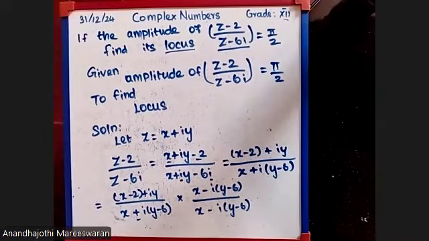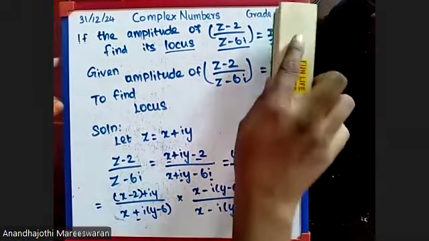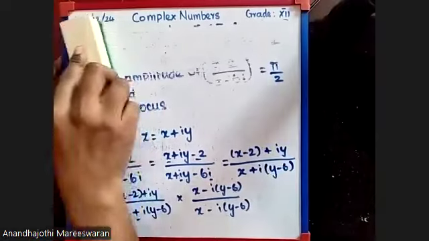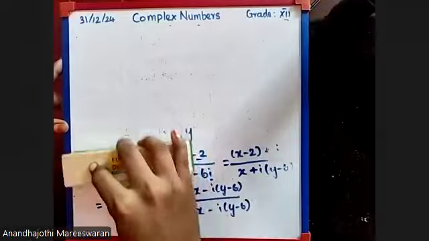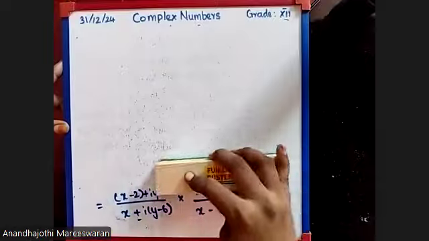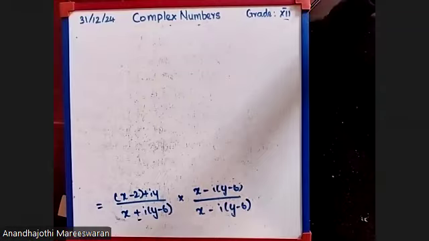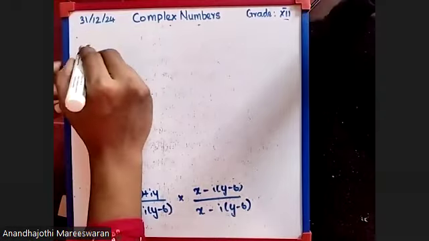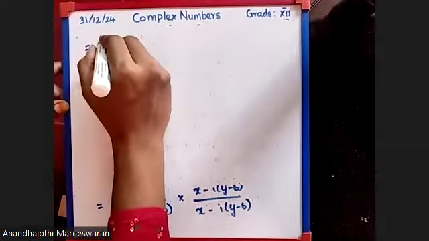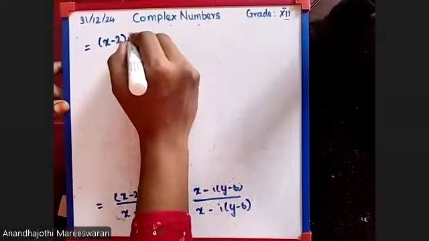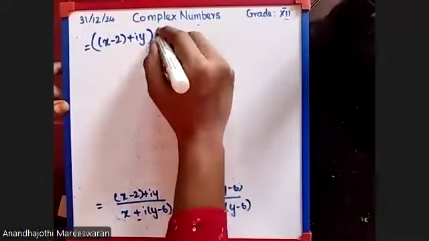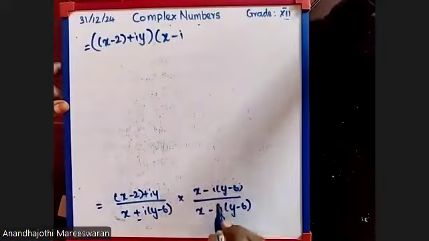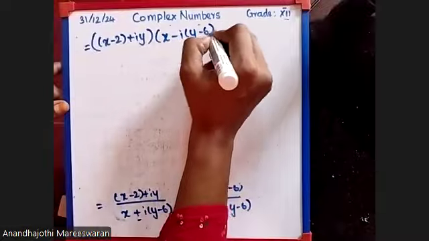Okay, guys, I hope that you copied this. Shall we move to the next step? Yes, of course. Shall we multiply this? What we have here is x minus 2 plus iy multiplied by x minus i multiplied by y minus 6.